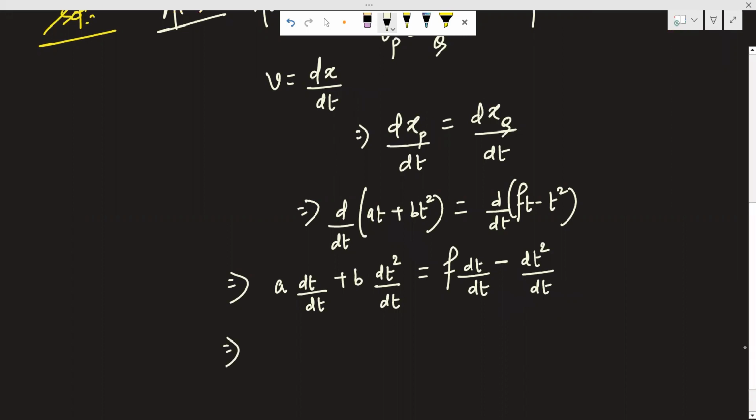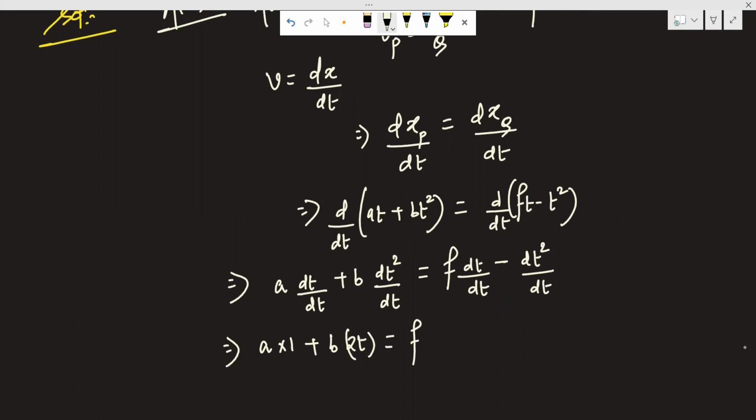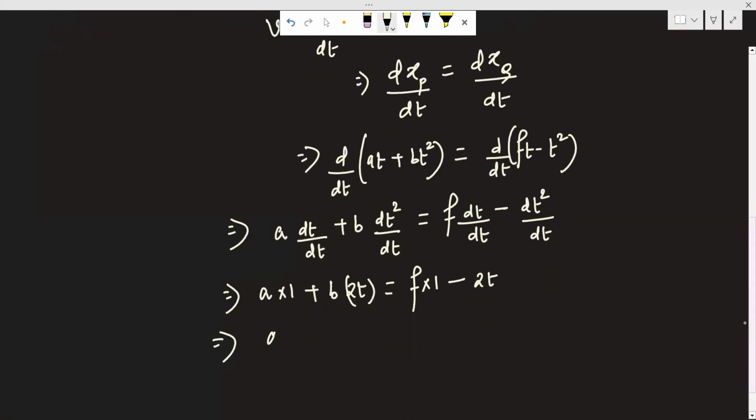Okay, to simplify, a derivative of t is 1, b derivative of t square is 2t, f derivative of t is 1, minus derivative of t square is 2t. So what do we get? We get a plus 2bt equals f minus 2t. Then bring the t terms together.